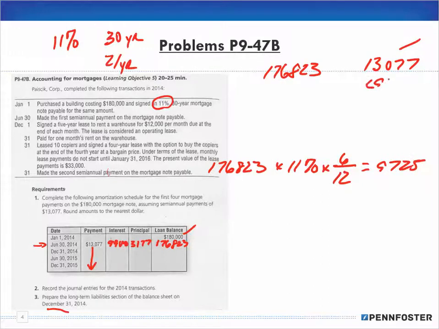So out of this $13,077, $9,725 is interest, which gives us the amount against principal is $33.52.